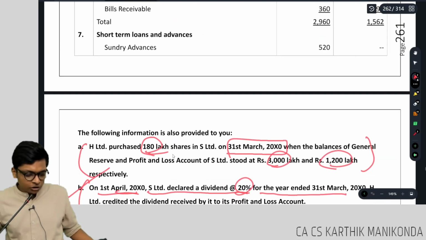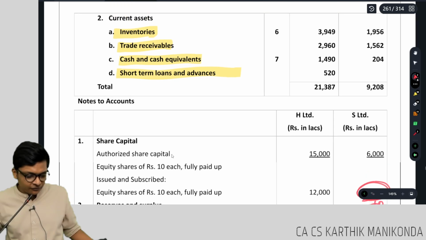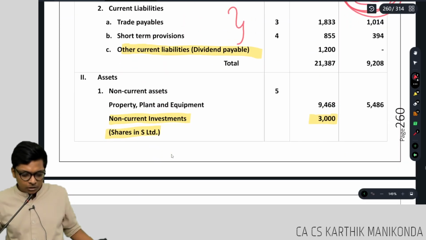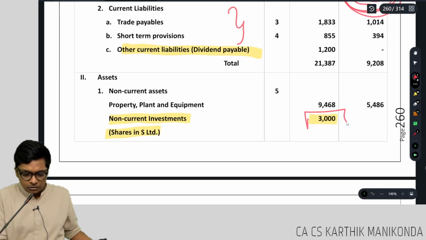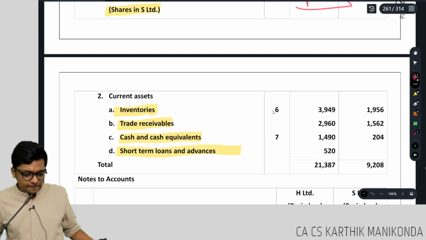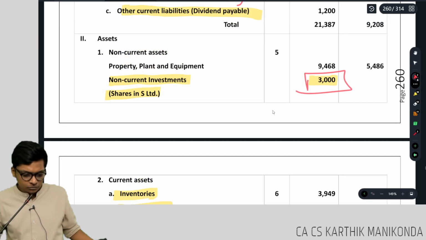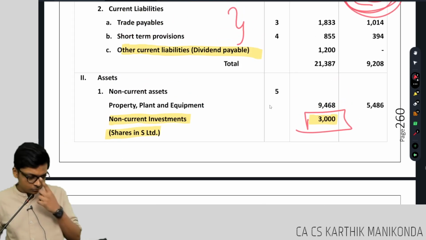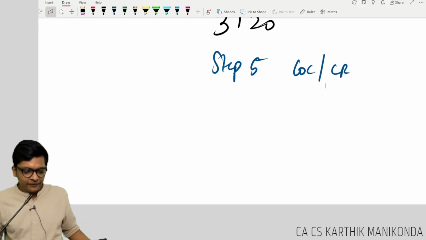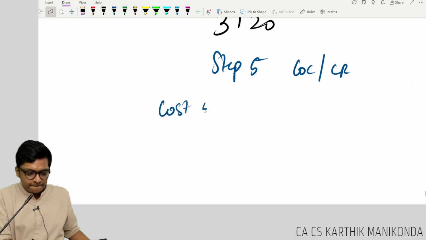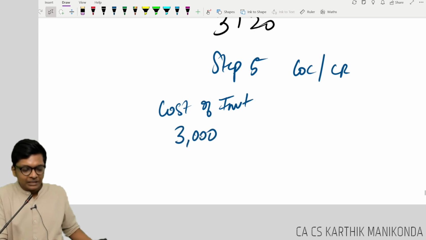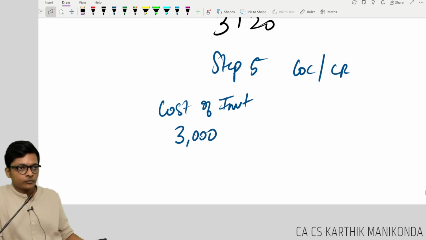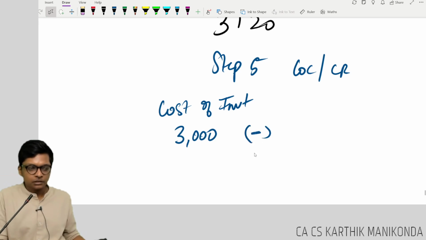What I paid, the cost of investment, is there in the question itself. Investment is 3000. Investment is how much, guys? 3000. Are you following? Minus net assets on the date of acquisition.